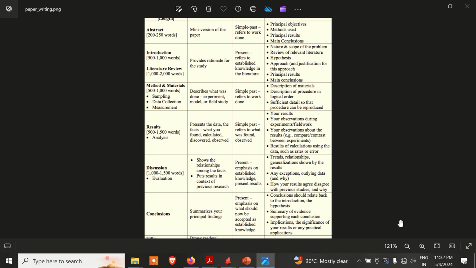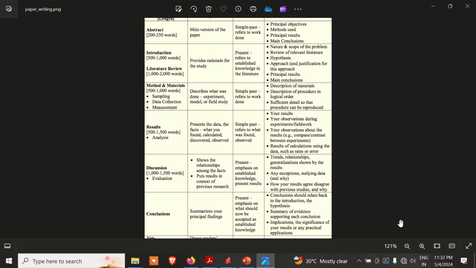Finally, draw the conclusion. It is again a small paragraph, around 200 words. Summarize your findings, in present tense, emphasizing what should now be accepted as established knowledge.